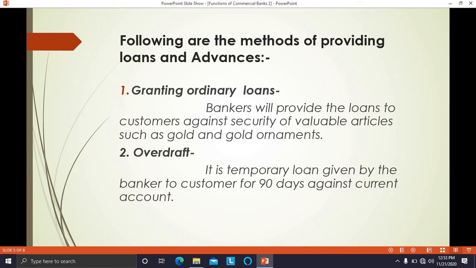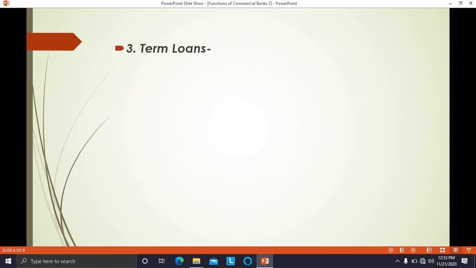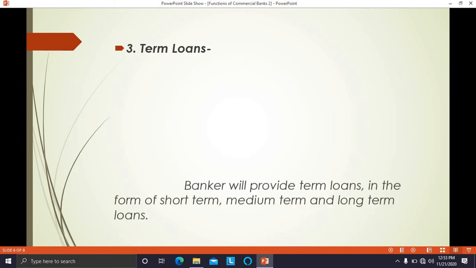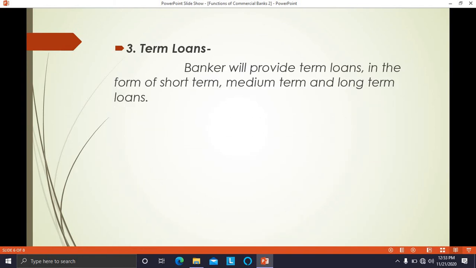The third way of providing loans is term loans. Term loans means the banker will provide loans for a particular term, short term, medium term or long term. As per the need of the customer, loans are given for that particular term. Those are called term loans. The next way of giving loans is cash credit.